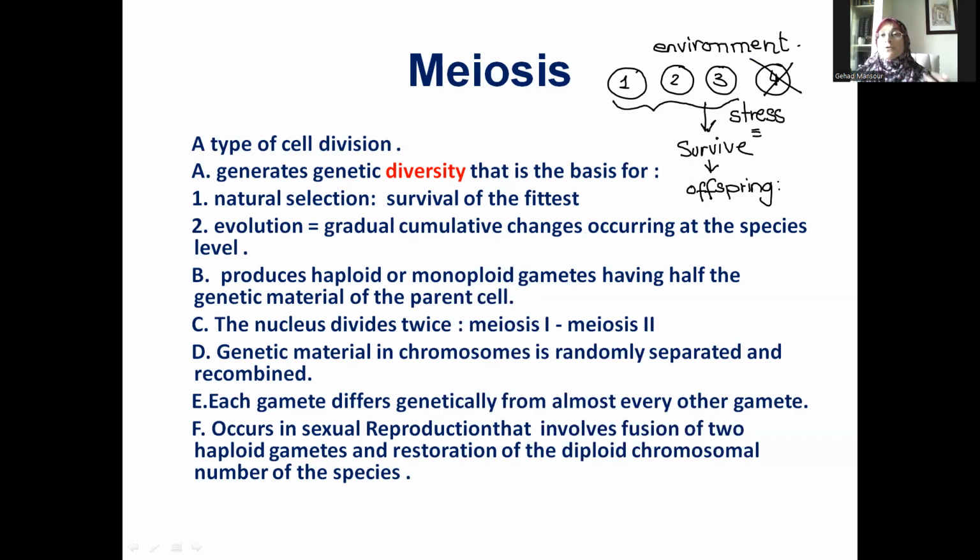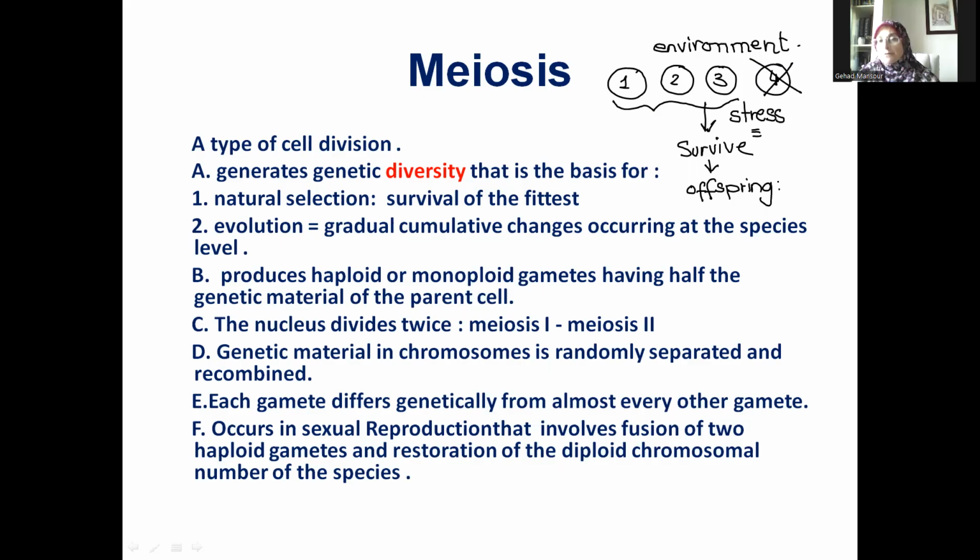And therefore, gradually as time passes, there are changes that occur in the species. If we consider that those 4 variants are variants of the same species, then at the beginning, before the occurrence of the environmental stress, all 4 variants were present.